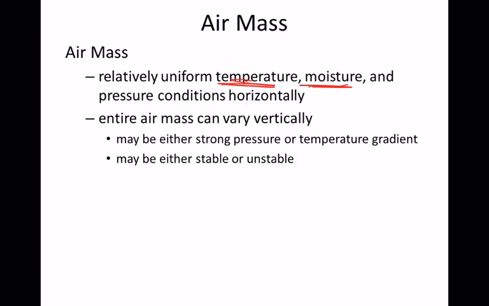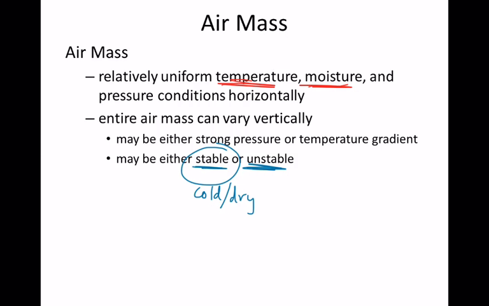Now if you don't mind, in your notes where it talks about how the entire air mass can vary vertically, the entire air mass can be either stable or unstable. If you don't mind in your notes, so I don't forget, where it says stable, go ahead and say cold and dry. Cold/dry tends to be an air mass that's stable.